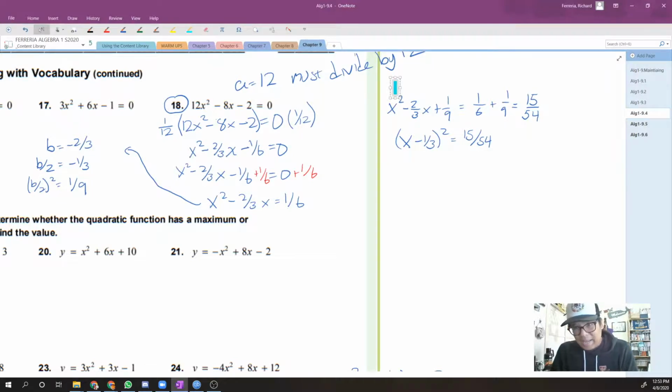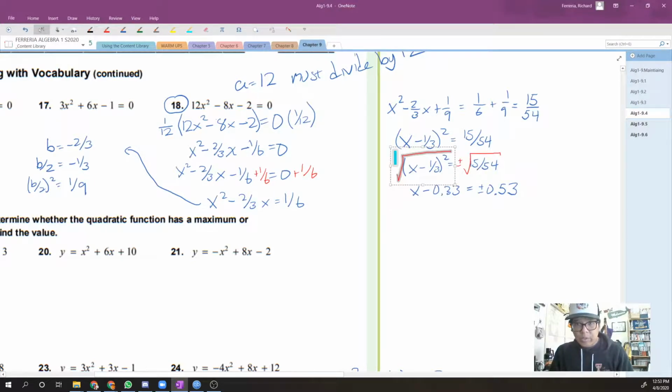And just as some addition, you've got 1/6 plus 1/9 is 15 over 54. Factor both sides, you get the quantity of x minus 1/3 squared equals 15 over 54. Remember that you're not really factoring, you're just saying x plus b over 2 squared. Square root on both sides.